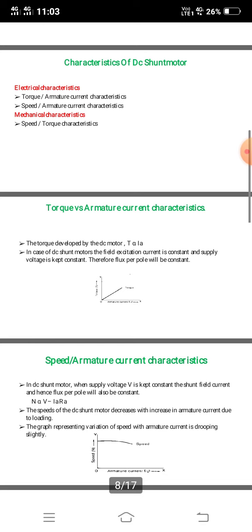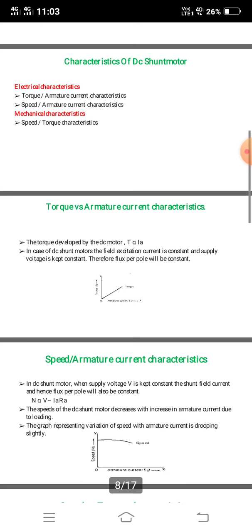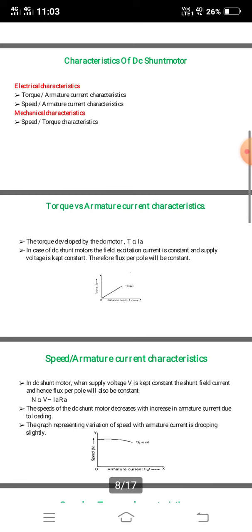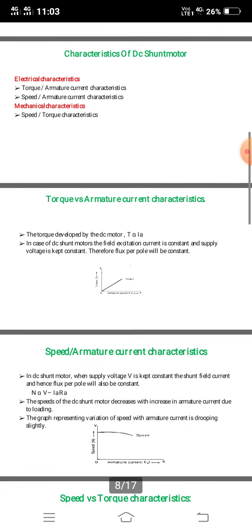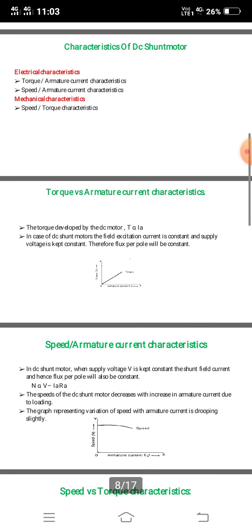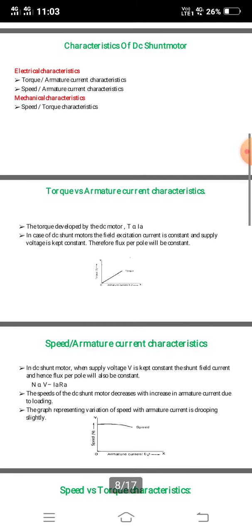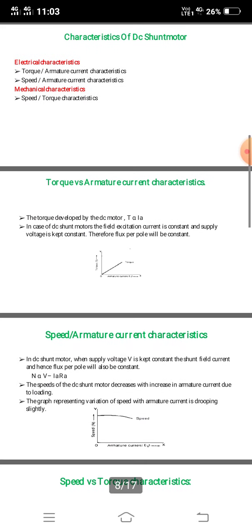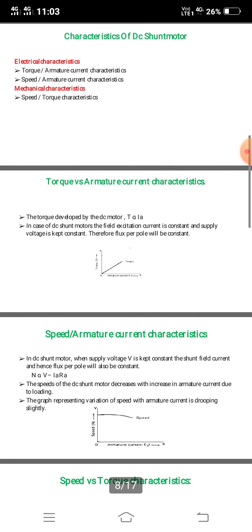In the shunt motor, connection-wise, after the supply, the field winding is connected in parallel with the DC motor. This is the shunt motor connection. Series motor means after the armature, the field winding is connected. Compound motor means both shunt and series windings are connected across the DC motor. These are the three categories of motor.